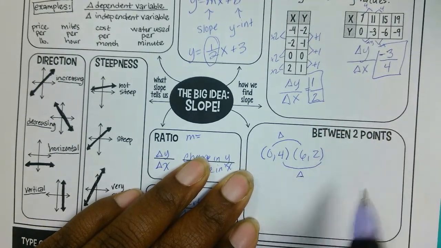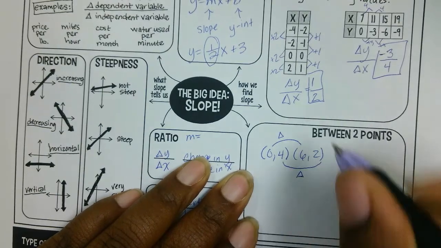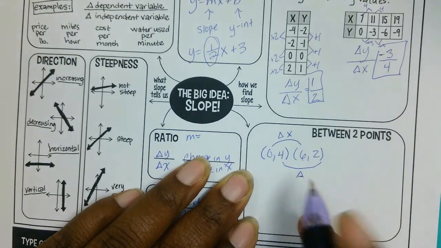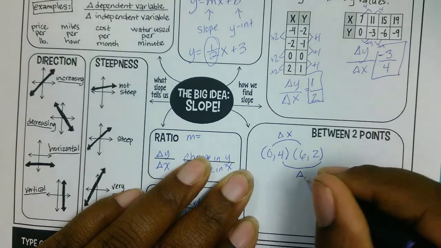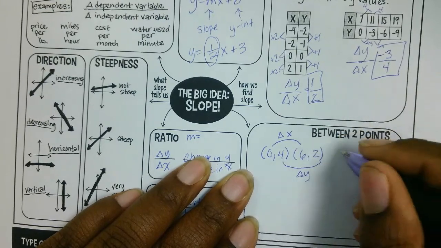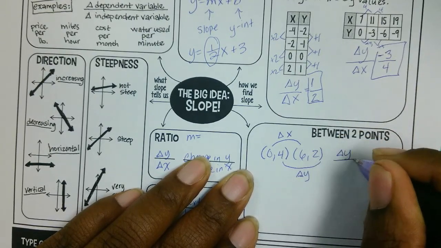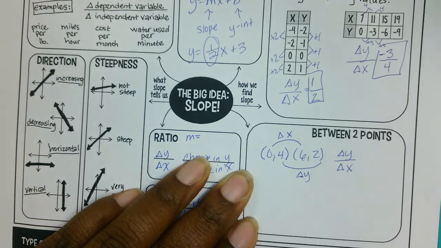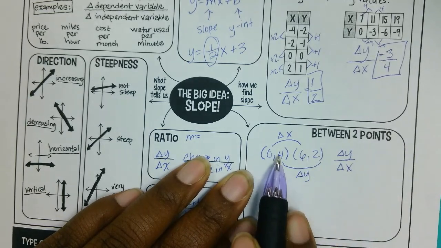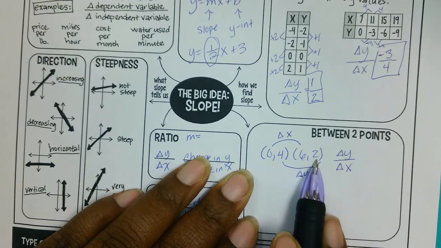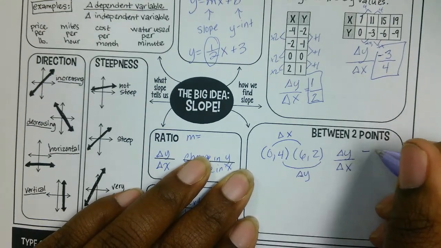Again, my first numbers in the coordinates are always my x's. My second number in the coordinates is always my y's. So slope is change in y over change in x. So I go to my y's. How do I get from 4 to 2? I subtract 2.